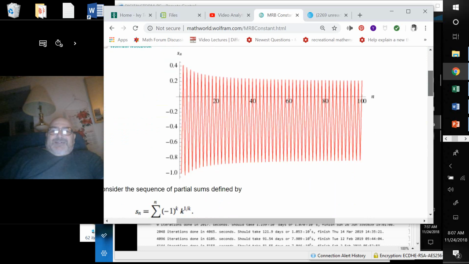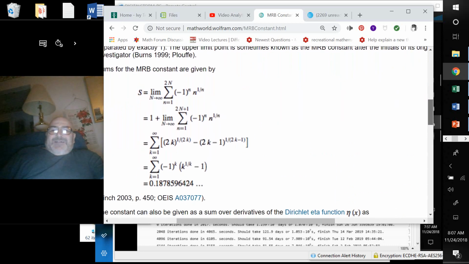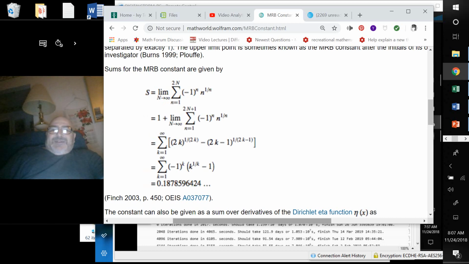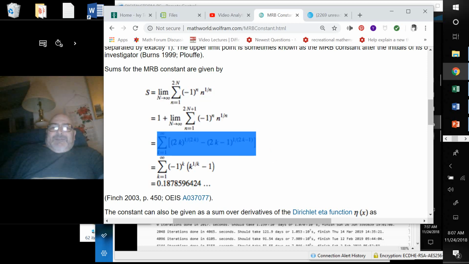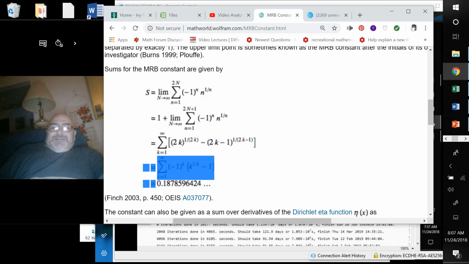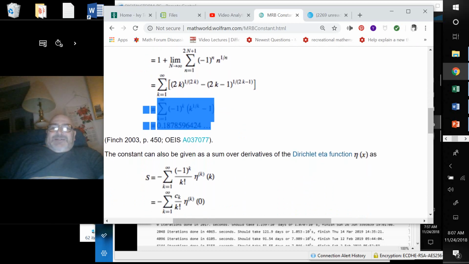He had a list of equations where S, the upper limit of the partial sums of -1 to the power of n over n, equals this, equals this, equals that, equals this, and there's an approximation of the MRB constant. It's in Steven Finch's Mathematical Constants, page 450.